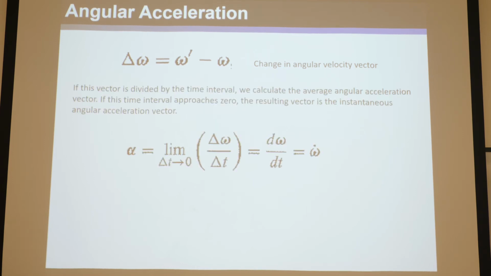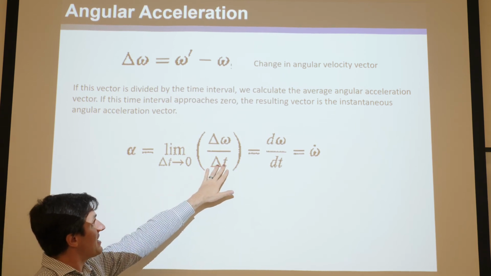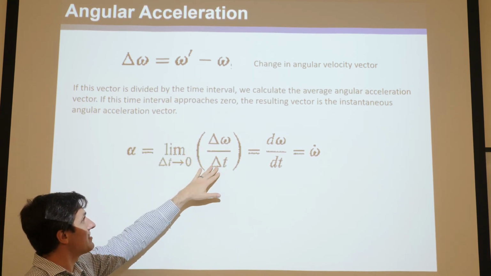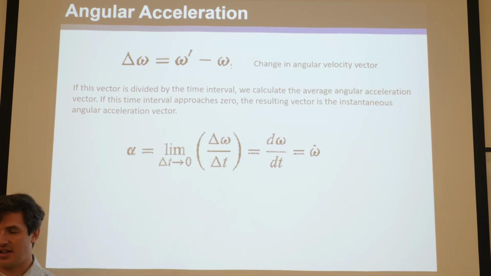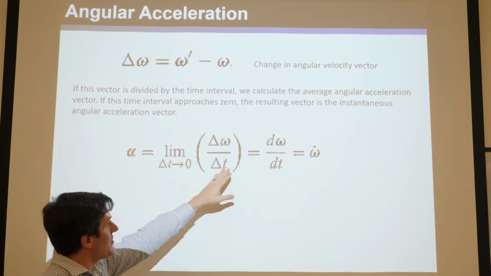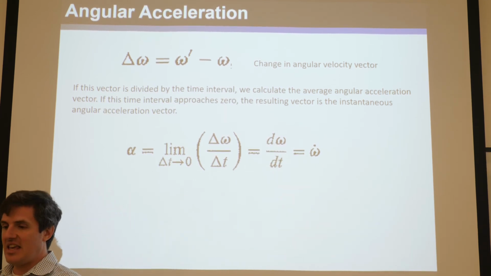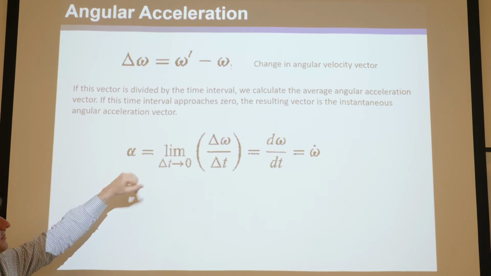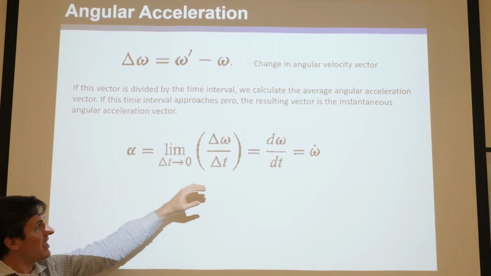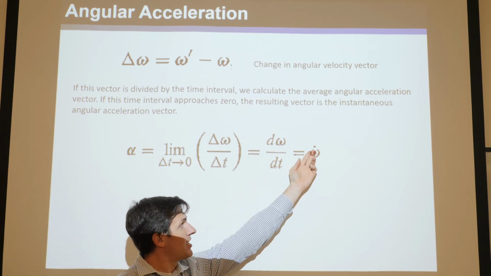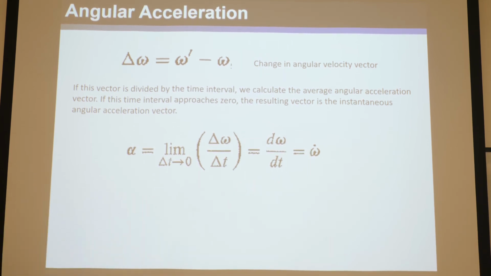And then if you take that change in angular velocity divided by the delta t, the difference in time between those two omegas, then you get the average angular acceleration. And of course that doesn't point typically in the direction of the omegas, because you take the difference of them. And as delta t goes to 0, you get the derivative of omega with respect to time, or omega dot, which is the angular acceleration vector alpha.